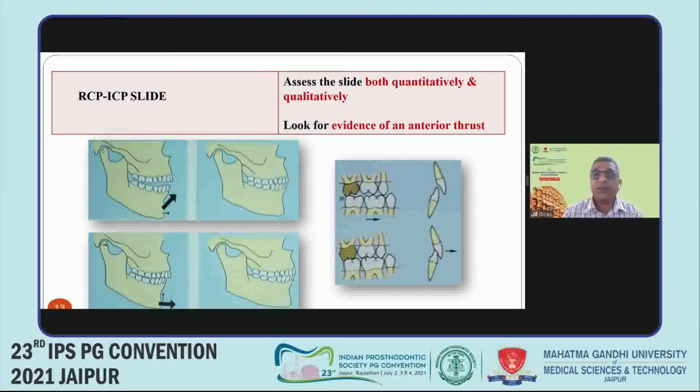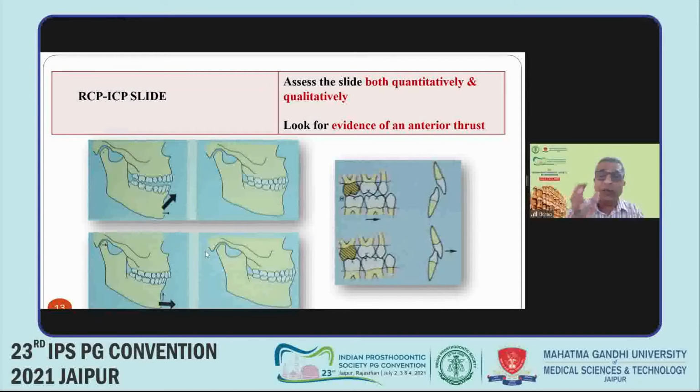That is to be understood both qualitatively and quantitatively, as a vertical and horizontal ratio, where you see whether the vertical slide is more, or in the downslide the horizontal shift is more.